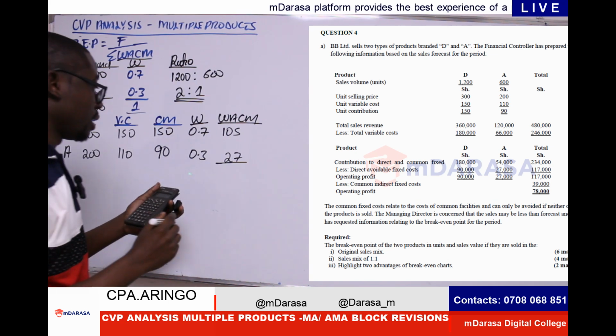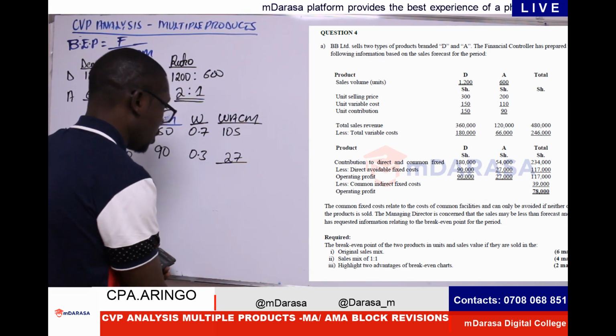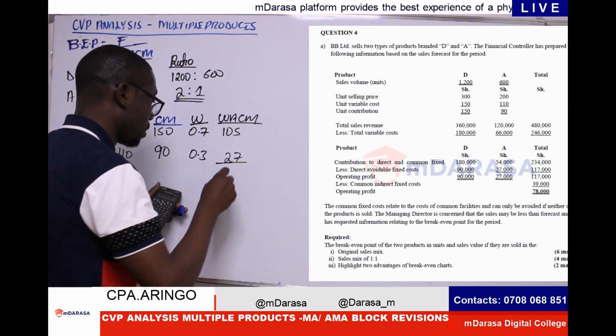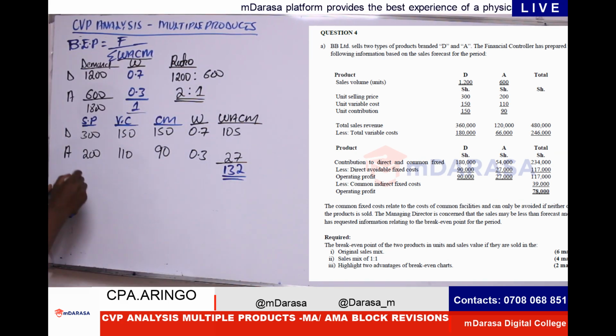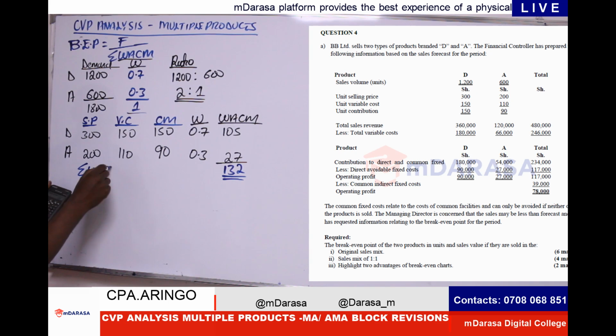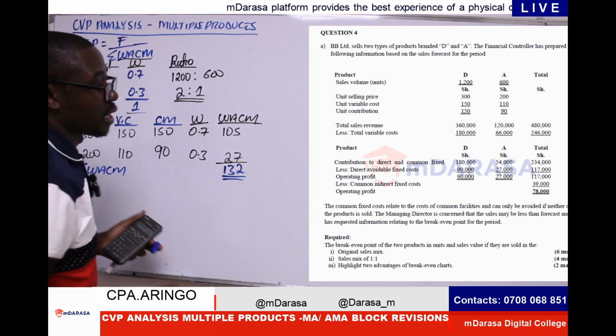So at the end of the day, our summation of the weighted average contribution margin is 132. This is the summation of our weighted average contribution margin at that point.